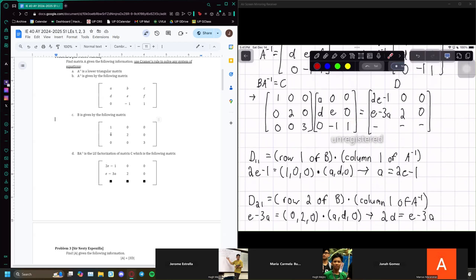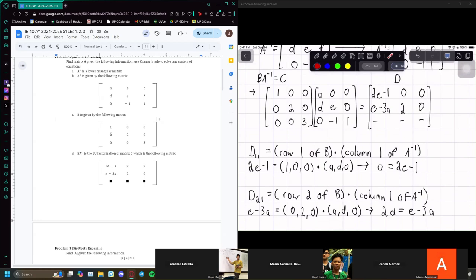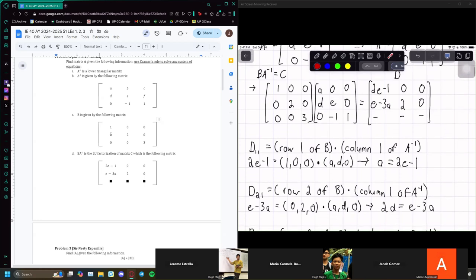Since we still don't know our entire inverse of A, we don't know A, we don't know D, and we don't know E. We have three unknowns. So we want to use this equation to get three more equations that are not matrix equations, but algebraic equations.